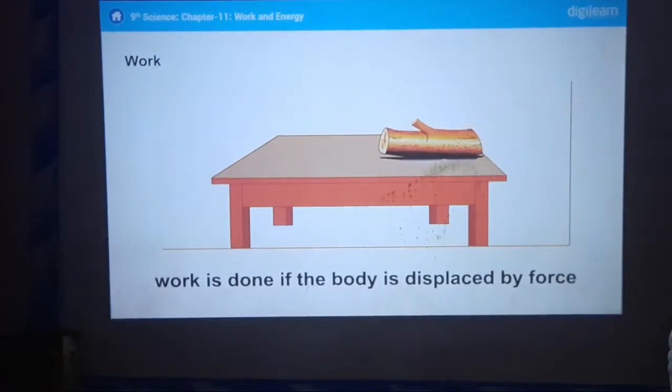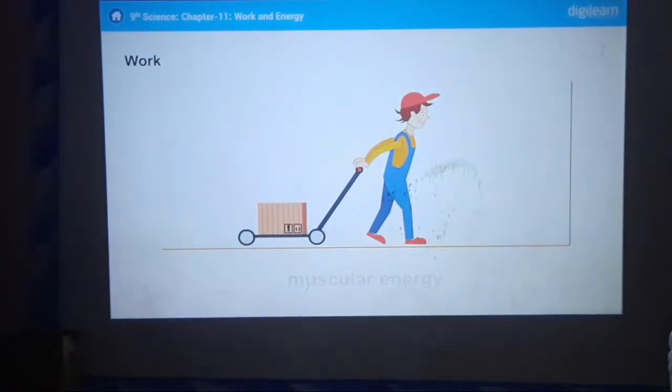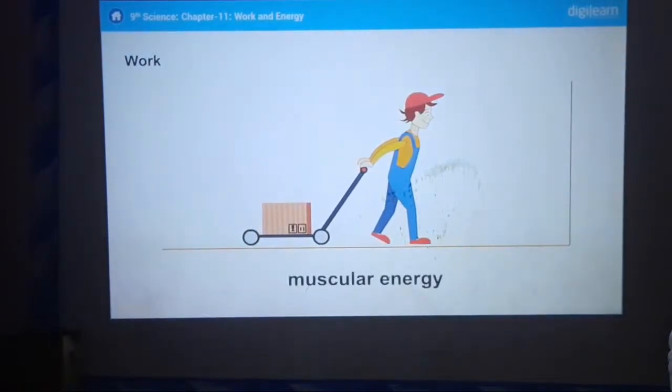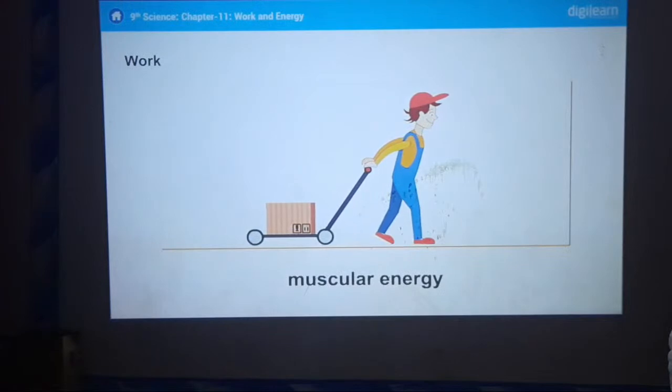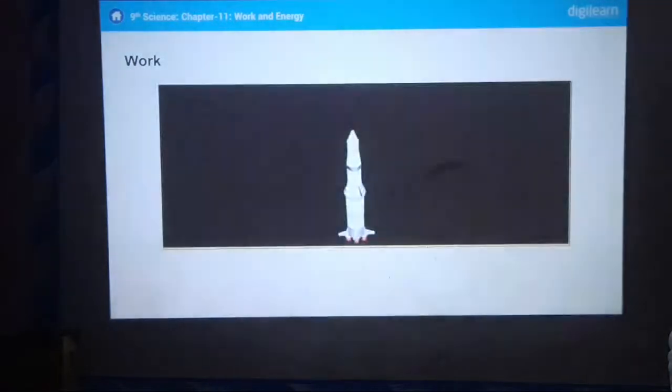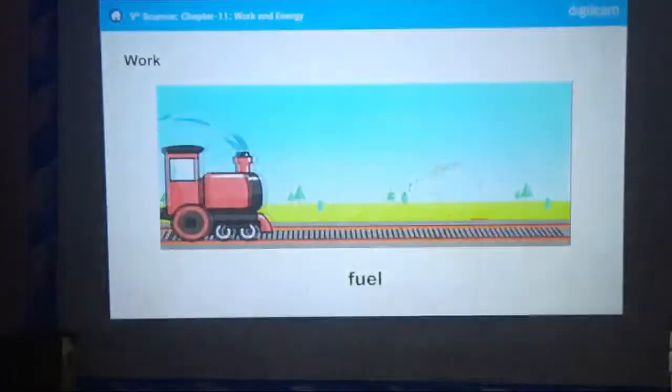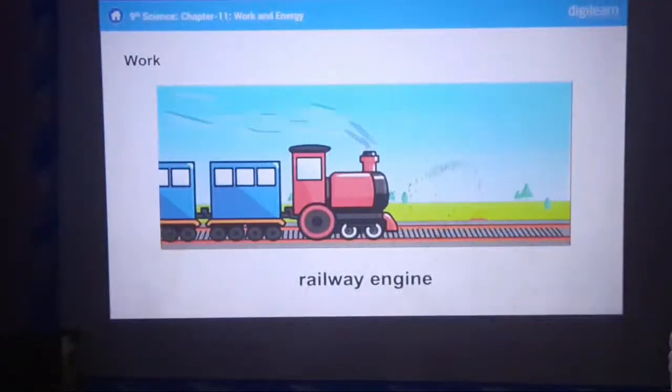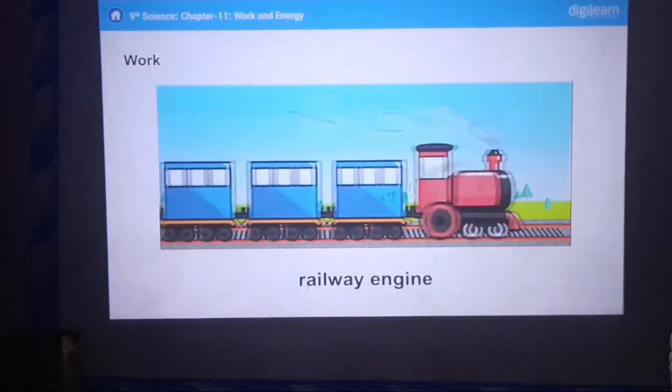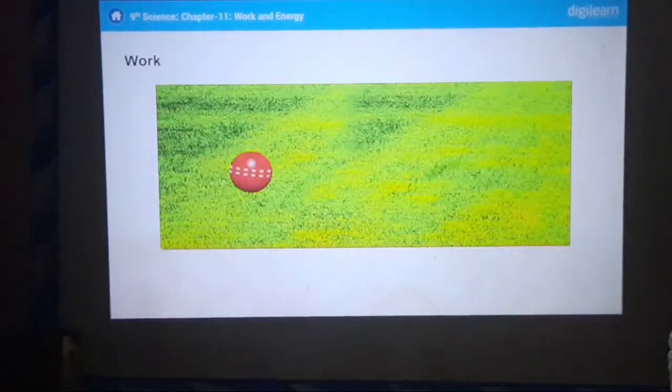For example: 1. Without muscular energy, can a person push or pull or hit an object? 2. Can a rocket move up without fuel? 3. Can the railway engine pull the bogies without energy? 4.